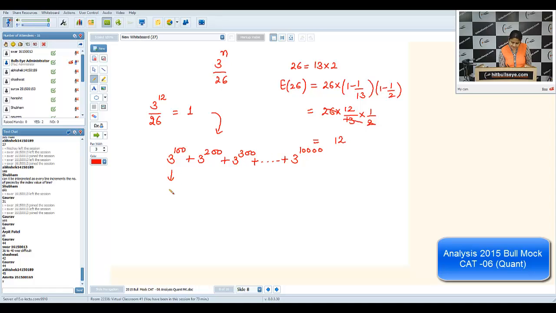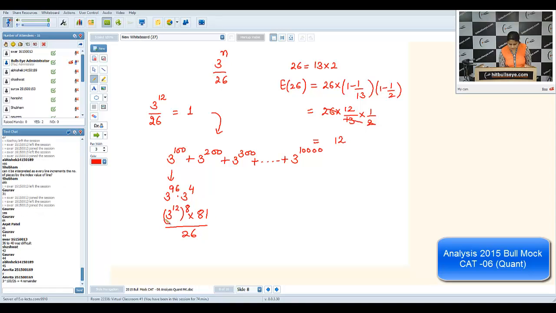Now 3 raised to power 100 when divided by 26. We know there is a cyclicity of 12. It means at every 12th place we are getting a remainder of 1. Now 3 raised to power 100 can be written as 3 raised to power 96 into 3 raised to power 4. That is 3 raised to power 12 into 8 into 3 raised to power 4, that is 81, divided by 26. So remainder of 3 raised to power 96 will be 1 always.